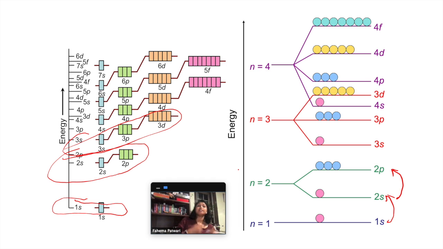It's SPDF, that's the order. Finish 1, then 2 is S and P, then 3 is S and P, and then D, but then we see that there's this weird overlap between the 3D and the 4S. So everything follows the appropriate order of 1s leading to 2s to 3s to 4s, and the sublevels being in order of S, P, D, F, except when you get to this part. There's a weird overlap. I'll show you a convenient way to remember that later.